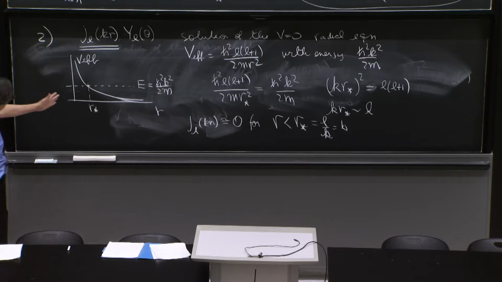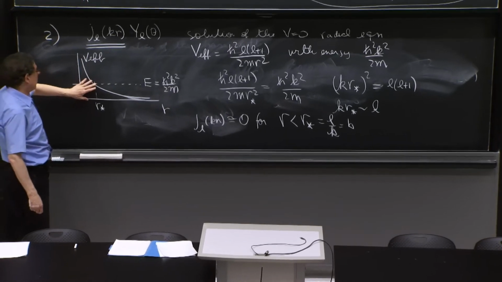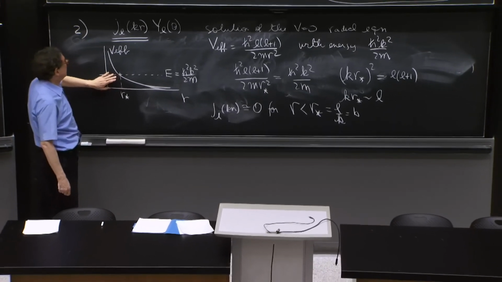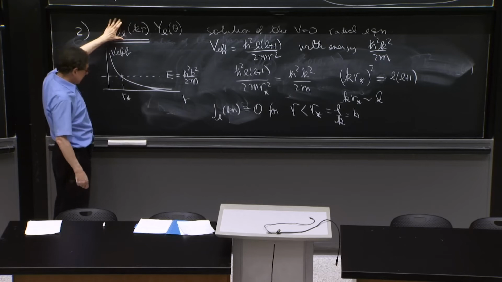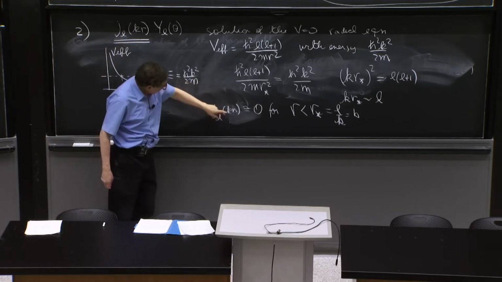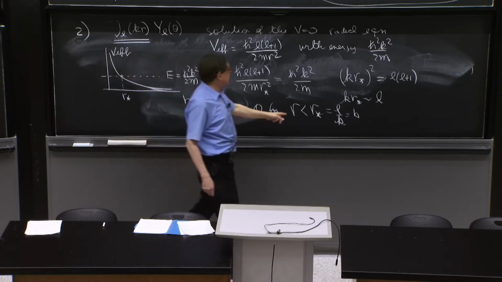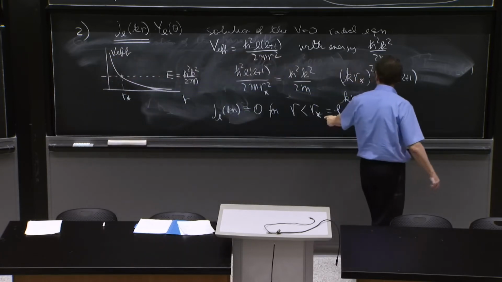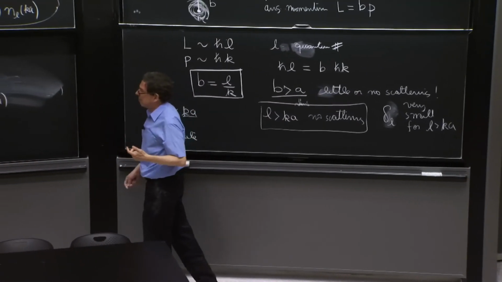So we know, because this must be exponentially suppressed, that the wave function must be very much 0 here, and that's the radial wave function. So you've derived that j_L(kr) is essentially 0 for r less than this r star, which is about L over k, that we identified as the impact parameter.